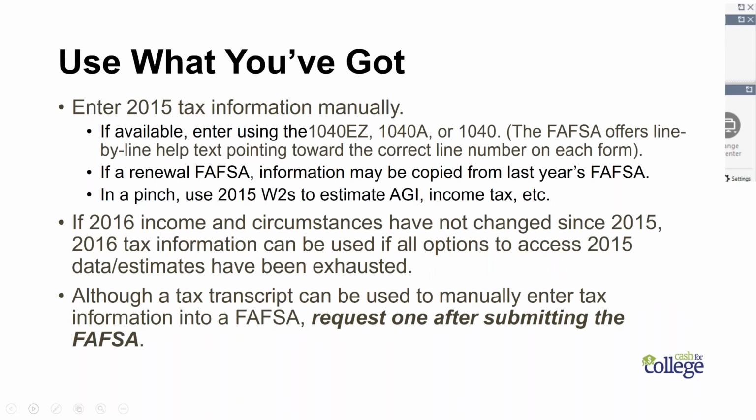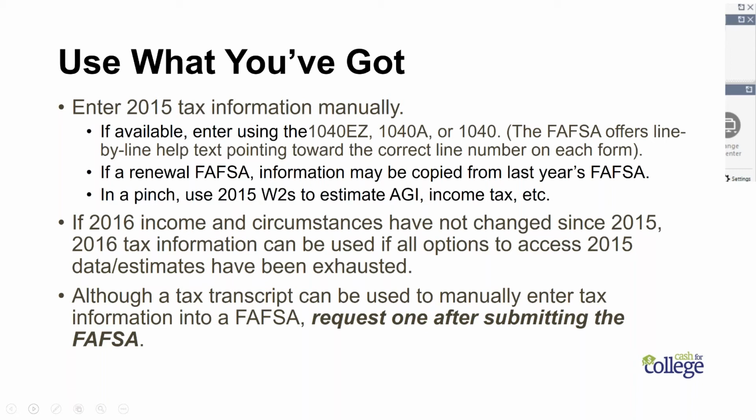So like I said, use what you've got. Students and parents need to enter their 2015 tax info manually. So hopefully they still have their tax forms. If not, they can also request a transcript for that. So that's even before they get to the verification process.